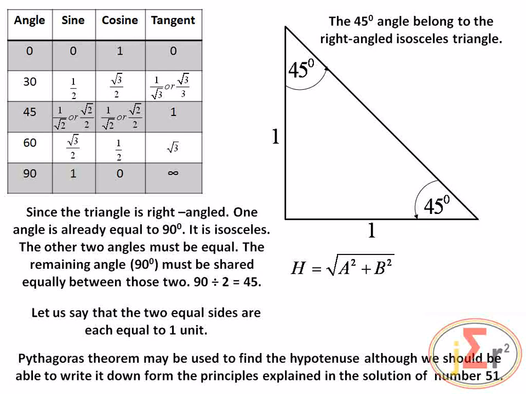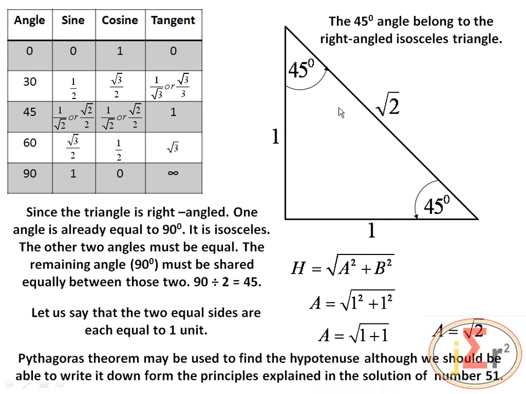So the hypotenuse is equal to the square root of a squared plus b squared, and we know that one short side is 1 and the other is 1, so 1 squared plus 1 squared is equal to 1 plus 1, which is equal to 2. So we are talking about the square root of 2 eventually. The length of the hypotenuse is square root of 2.